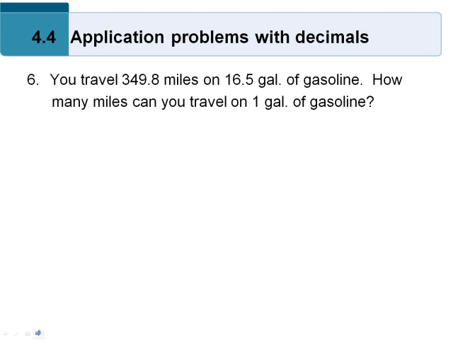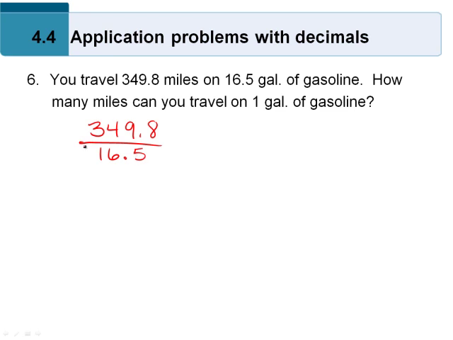Number 6, you travel 349.8 miles on 16.5 gallons of gasoline. How many miles can you travel on 1 gallon of gasoline? So this is the same idea. They want to know what the miles per gallon would be. So whenever you have miles, 349.8 per gallon, it's going to be divided by the gallons.